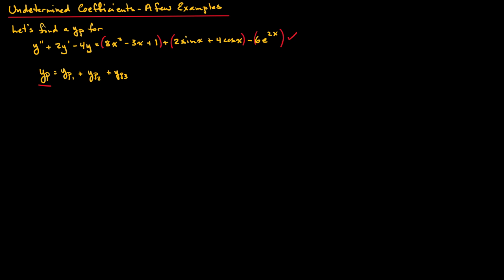So recall from the previous video that we have a table that gives us proposed solutions for different forms of non-homogeneous terms. For the first one, we have a polynomial of order n. Here the order is equal to 2. So we're going to propose that the particular solution, yp1, will be a polynomial of order 2 as well.